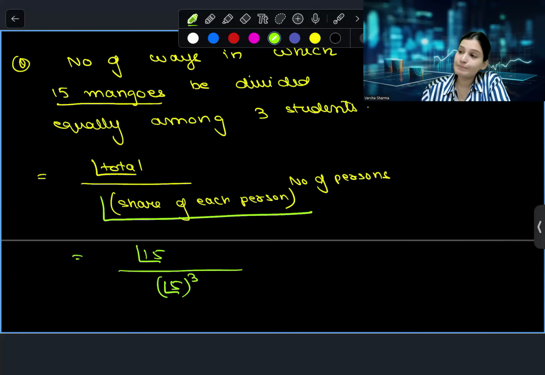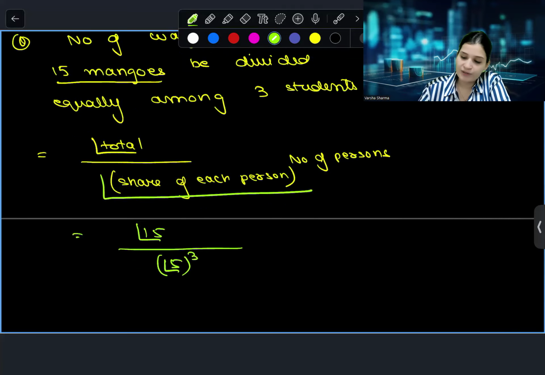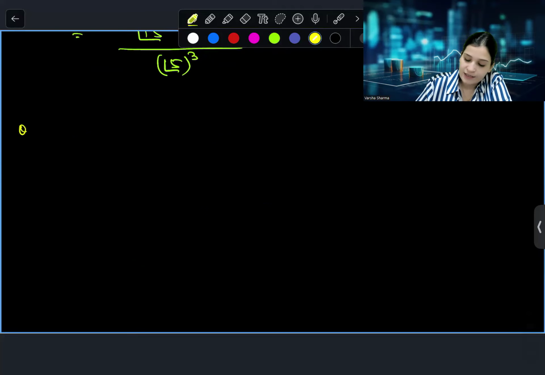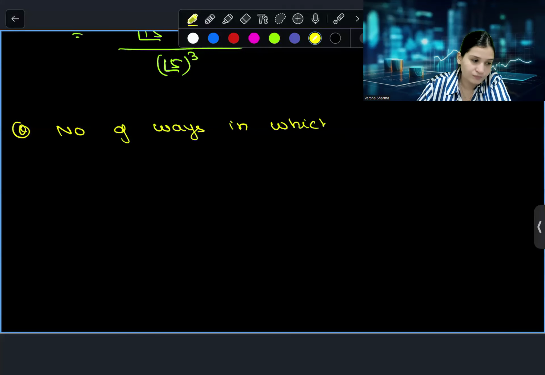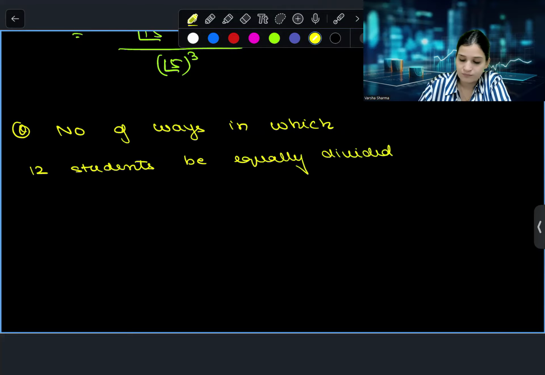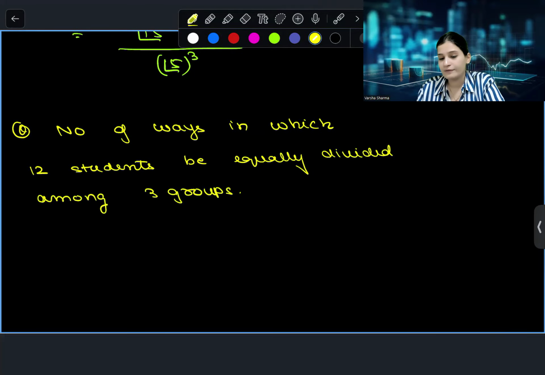Now, if this would have been people, then we can normally do it. Say, number of ways in which 12 students can be equally divided among 3 groups.